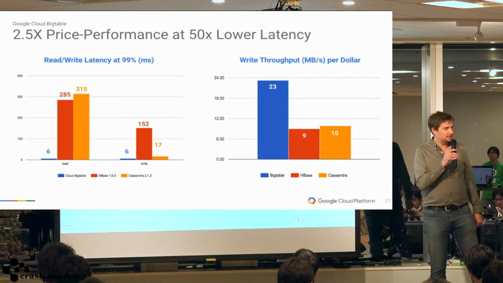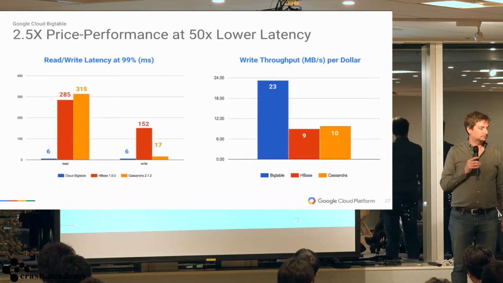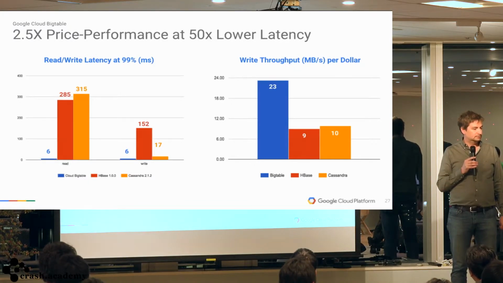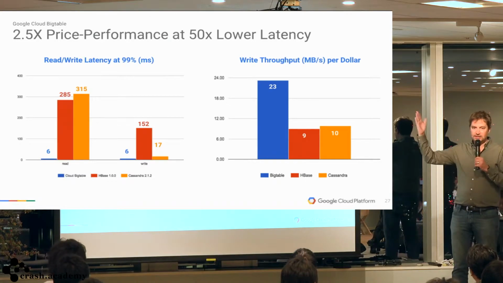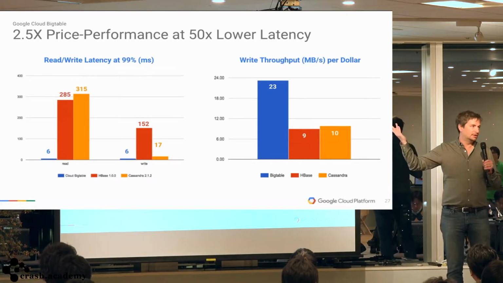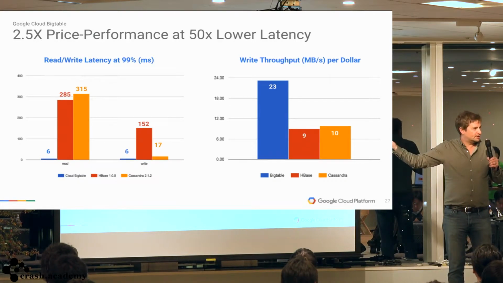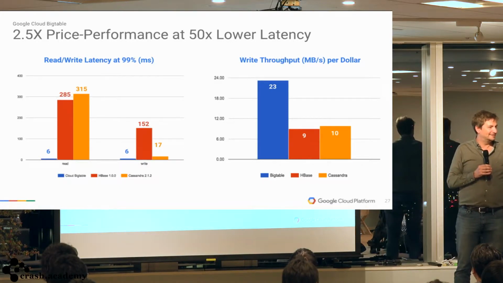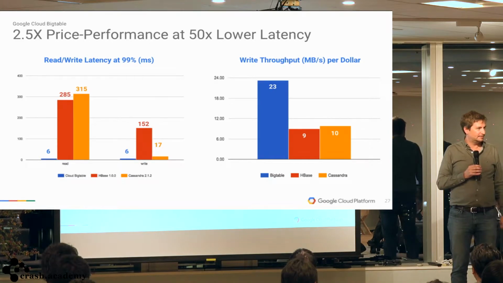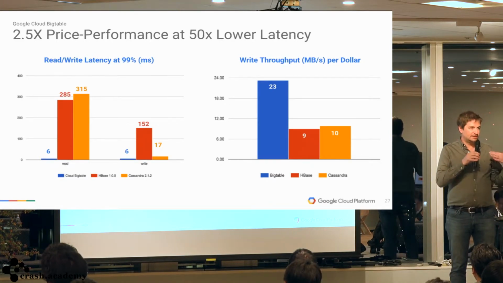The actual performance of Bigtable is very fast because we have many years of deep investment in it. The long tail latency, the slowest 1% of every 100 writes, is very good.